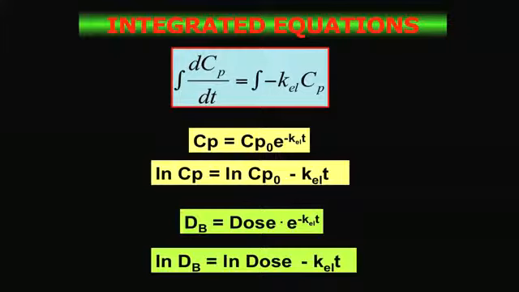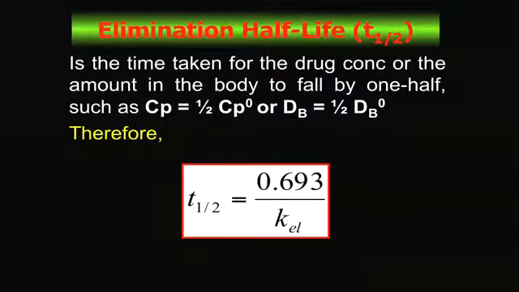I know in my chemistry class I required students to be able to write integrated rate laws, and that may be something you have or have not done. The elimination half-life, as I mentioned earlier, is the time taken for the drug concentration or the amount in the body to fall by 1/2.